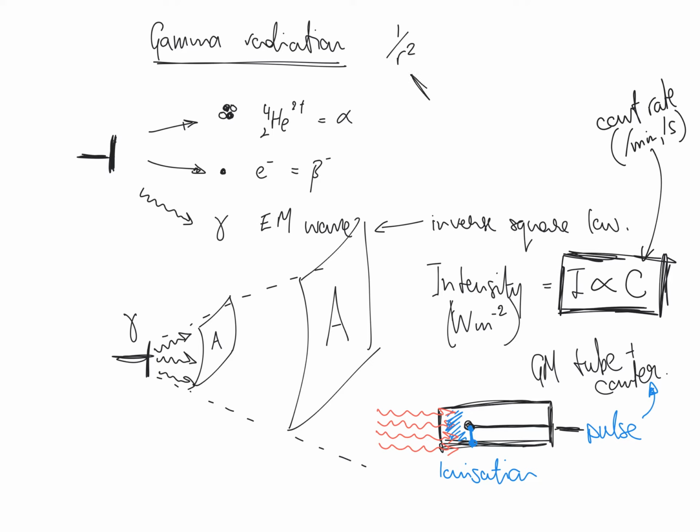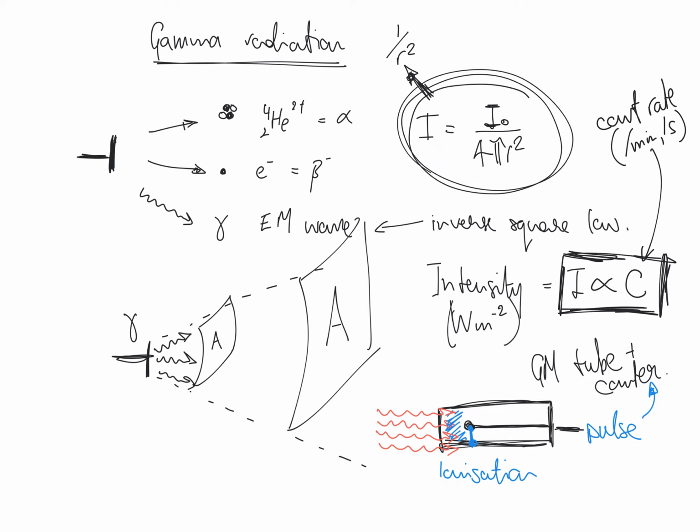Just to expand on the inverse square law a little bit more, we can say that the intensity is equal to the original intensity divided by the area over which the radiation is spreading out. So here's a small part of the area.